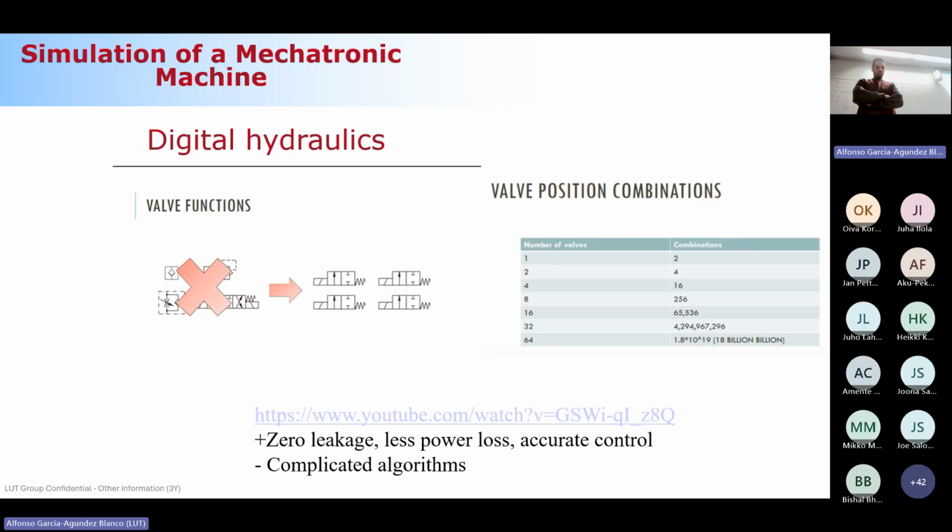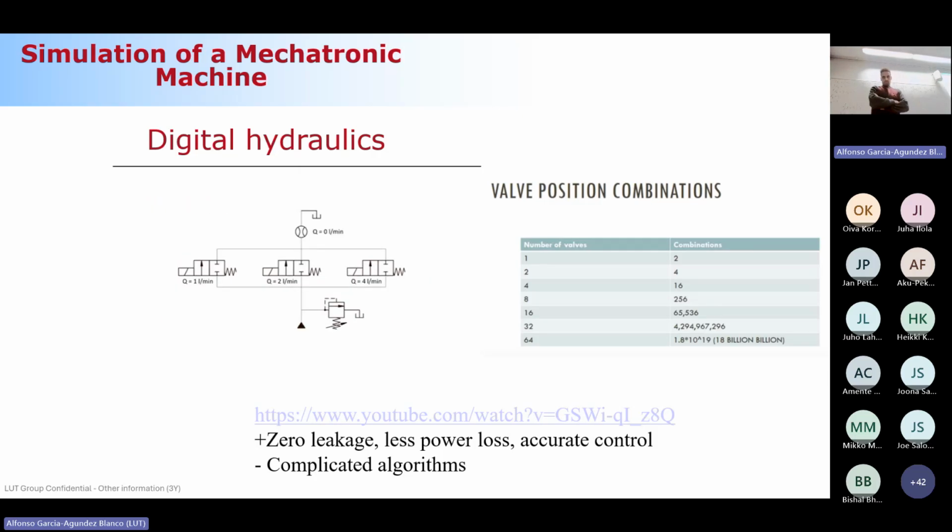Contrary to a traditional hydraulic system, which has many different types of valves, a digital hydraulic system has a large number of only on-off valves. By connecting in parallel three on-off valves of different sizes, such as 1, 2, and 4, 7 different flow quantities can be achieved. 5 on-off valves can achieve the control resolution of a traditional proportional valve.